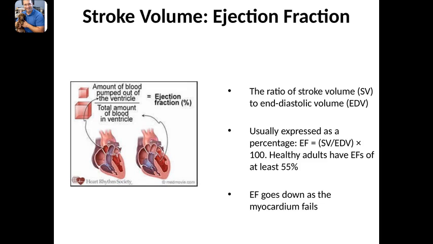That's called the ejection fraction. I would look more at this image here on the left than any of the nonsense on the right. But the ejection fraction, the higher the percentage, the better. And down low, my third bullet, the ejection fraction is going to decline if there were any injury to the myocardium.